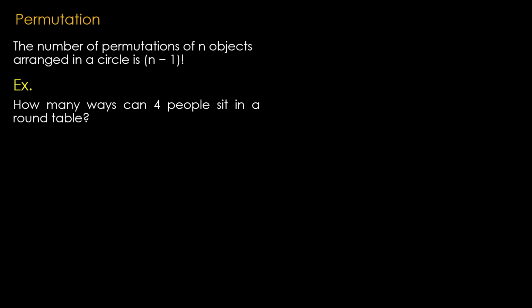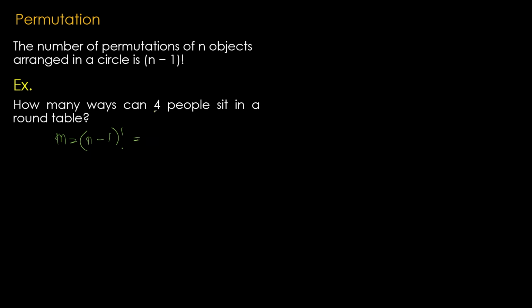If you have 4 people arranged in a round table, the number of ways is n minus 1 factorial.